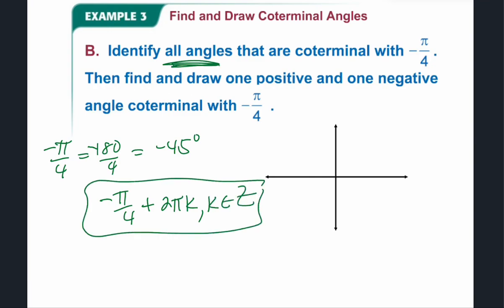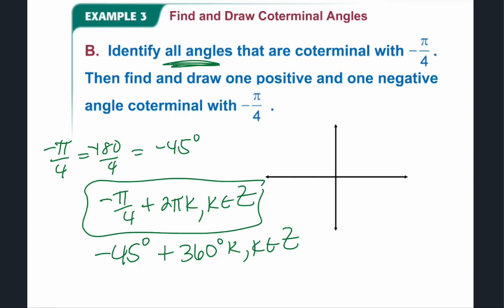That's fine, I don't care if you do that. But you can do what we did for the last one by just adding 360k to the negative 45. I like degrees. I can see degrees better. I can work with degrees better.